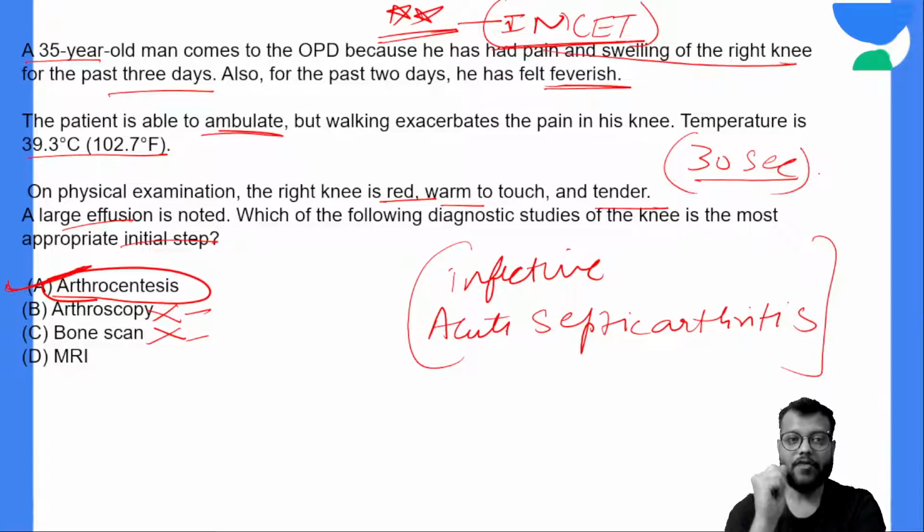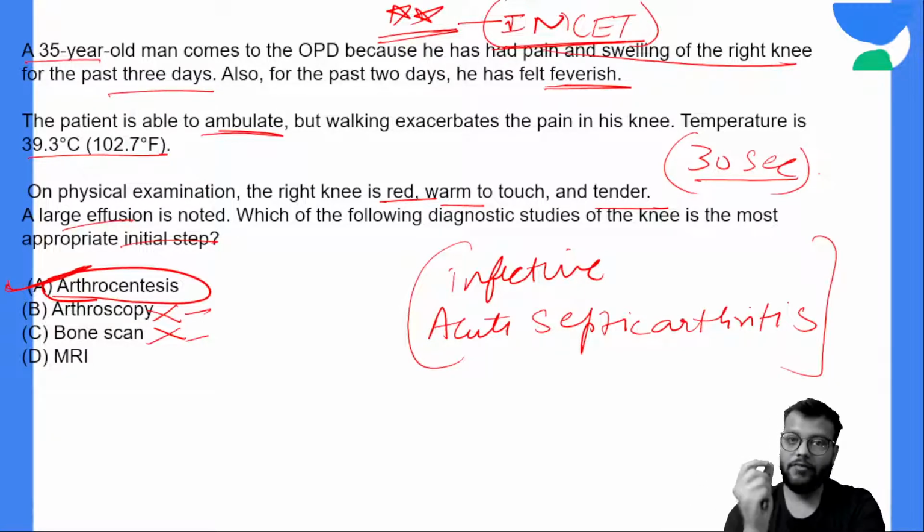Okay, and why is it the initial step? Because you cannot start the antibiotics before sending the culture and sensitivity, because a single dose of IV antibiotics can make the pus culture that you send afterwards a sterile one.